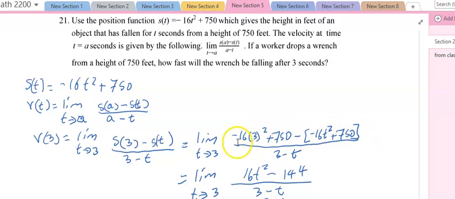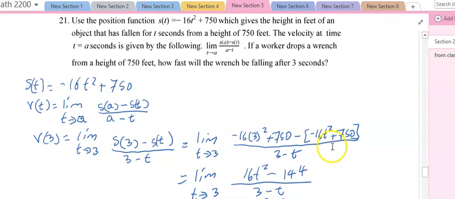Now if we evaluate the numerator, the negative of negative 16t squared becomes a positive 16t squared. The rest of the numbers become minus 144. So that's the limit as t approaches 3 of 16t squared minus 144 over 3 minus t.